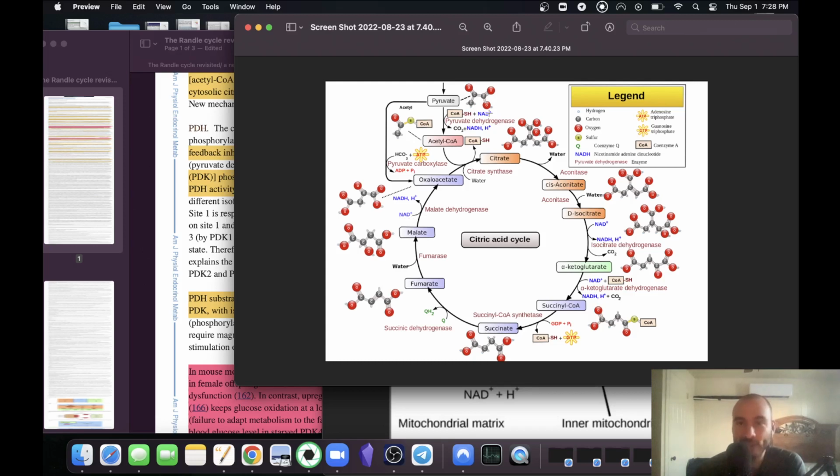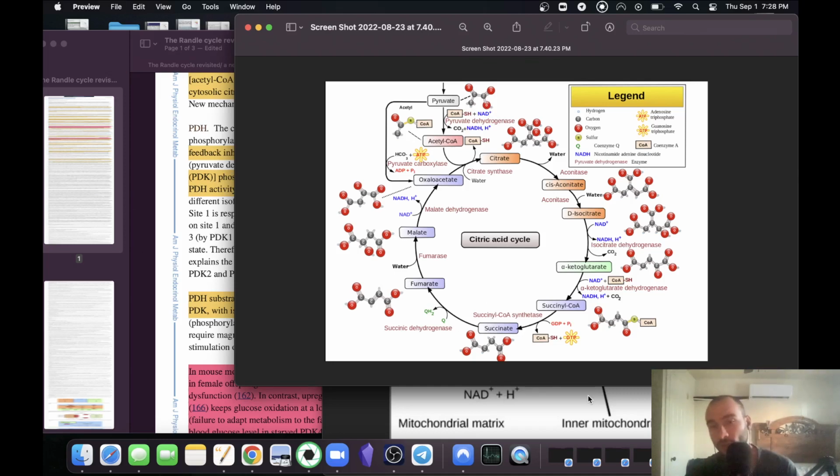For example, if you want to create alpha-ketoglutarate, you need isocitrate and NAD for this reaction to occur. If you don't have NAD, this reaction cannot occur because you don't have the precursors for it. Same thing with pyruvate dehydrogenase, and we'll get here in a sec. So just keep that in mind. You need NAD. You also need FAD. It's just not pictured here.